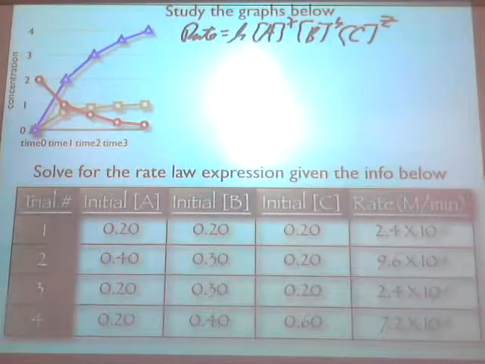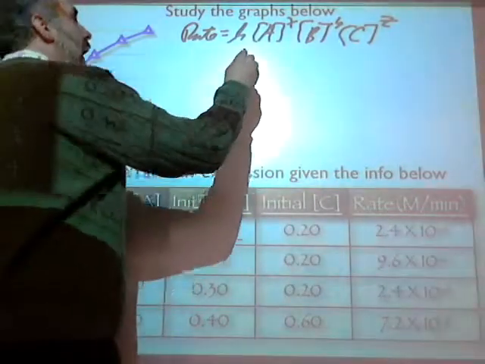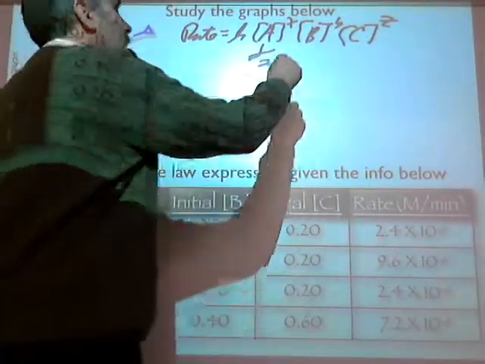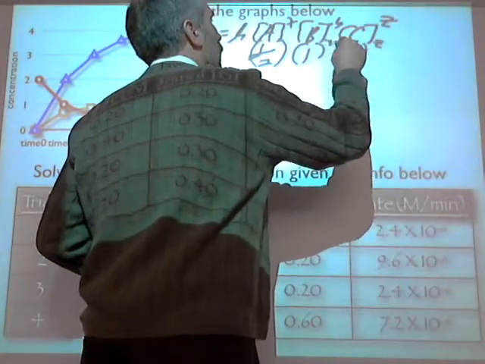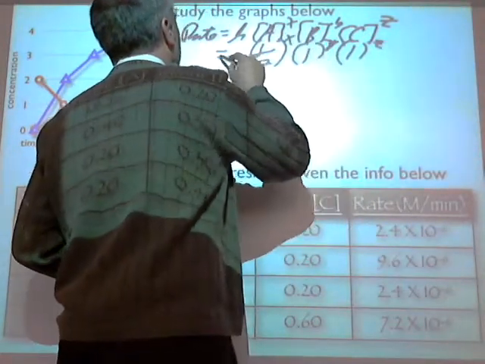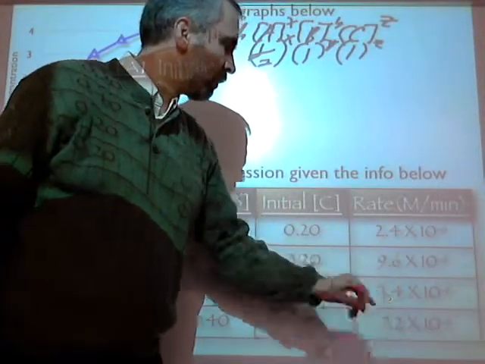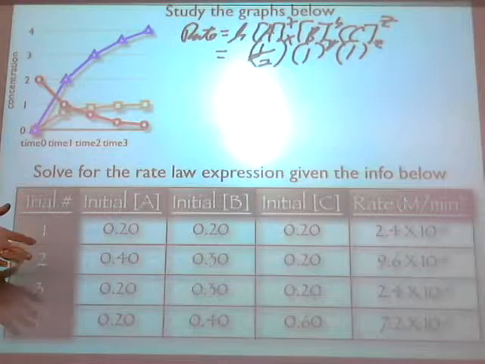And underneath that, what happened to each one? Well, between trials 2 and 3, A got cut by 1/2. Between trials 2 and 3, B stayed the same, and so did C. So there's my equation. What happened to the rate? The rate went from 9.6 to 2.4. What happened? How much different is 2.4 from 9.6?